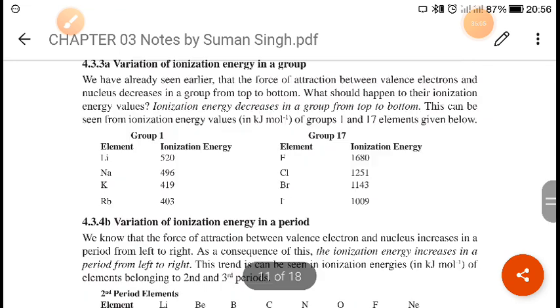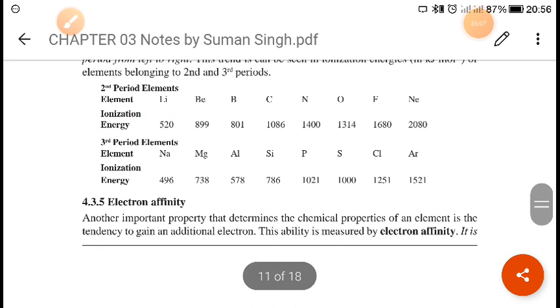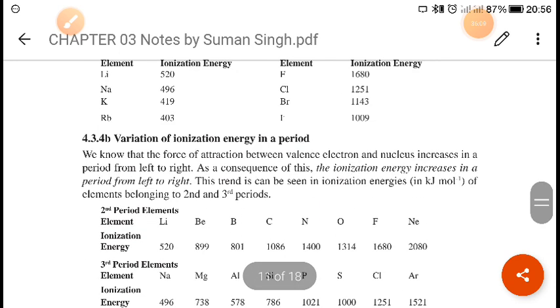Now we will see the variation in the period and group. When we talk about the variation in a group, we can say in general that the value of ionization energy decreases regularly with the increase in atomic number on going down the group. There are some factors because of which there is a regular decrease in going down the group.